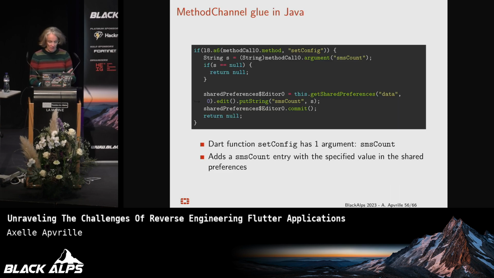You're going to see that on the next slide. This one says that when, on the Dart side, you call a function called setConfig, we are going to retrieve the argument which is SMS count, and edit a shared preferences file. So this is how it glues the call of a Dart routine with code on the Java side.